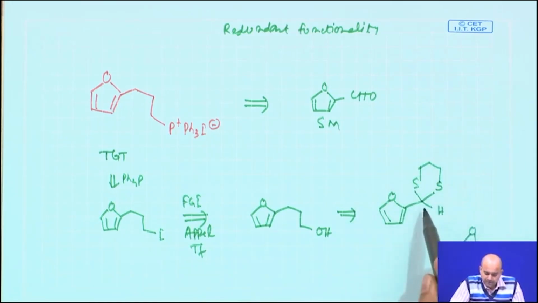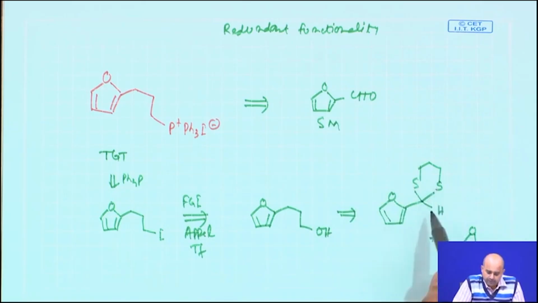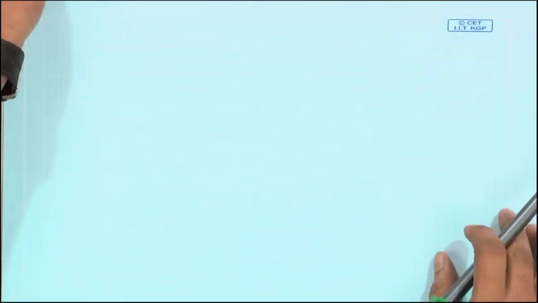We say if you have this compound, which is nothing but furfural protected as this 1,3-dithiane, now you can easily abstract a hydrogen through base.